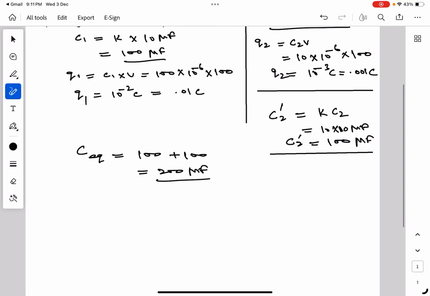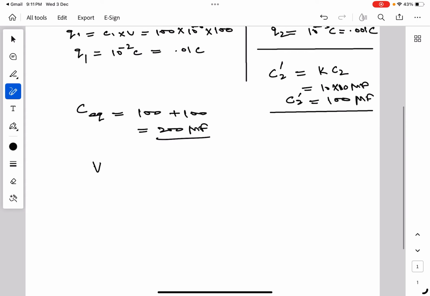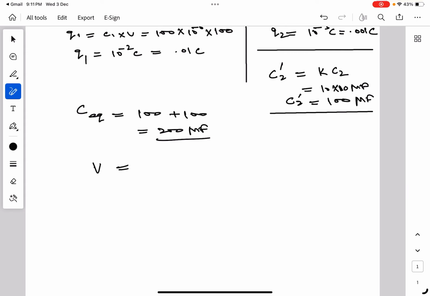The common potential would be equal to V equal to Q upon C equivalent, where Q is the total charge on them. This is equal to Q1 plus Q2 upon C equivalent. This is 200 into 10 raised to the power minus 6.